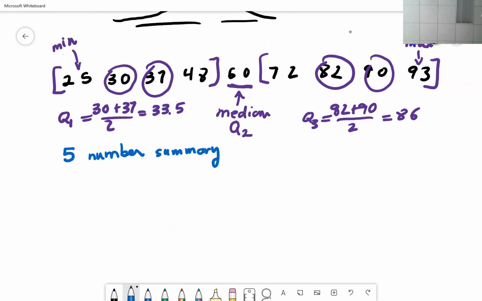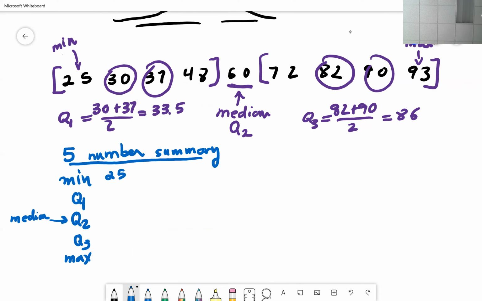The 5-number summary is a listing of the minimum, the first quartile, the second quartile, which is, by the way, your median, the third quartile, and your max. So that's 25, 33.5, 60, 86, and 93.